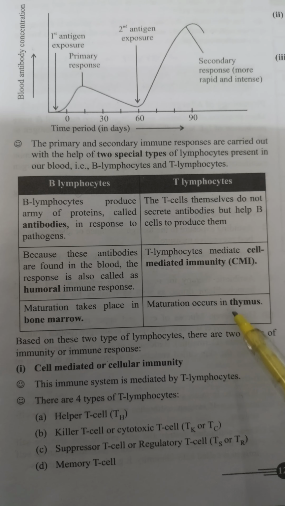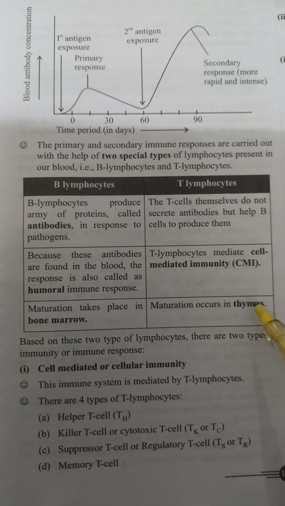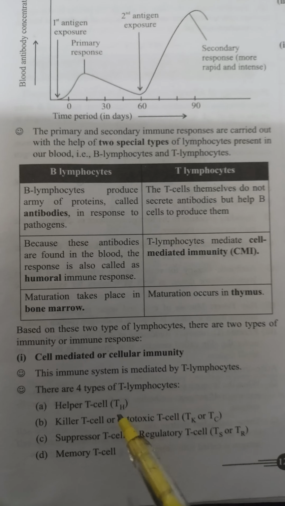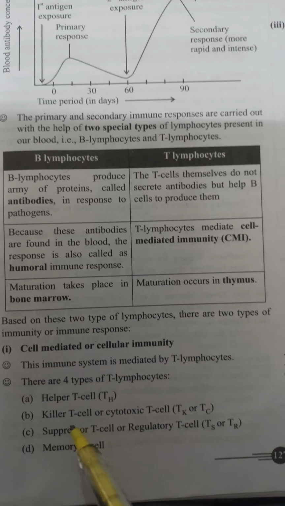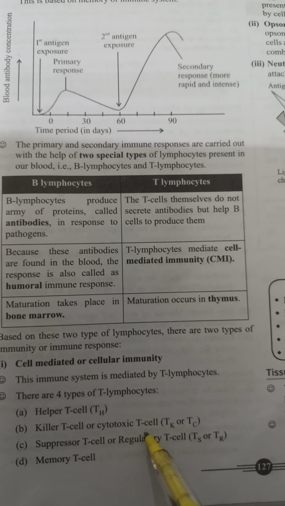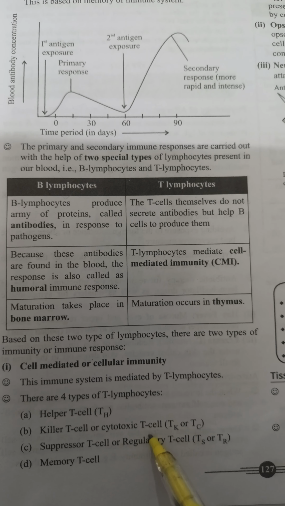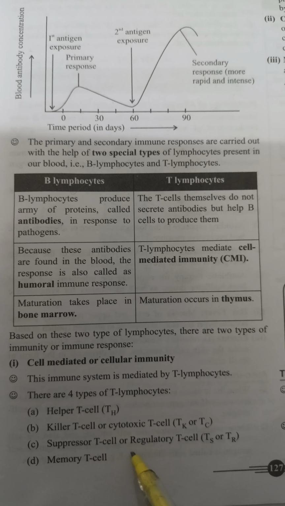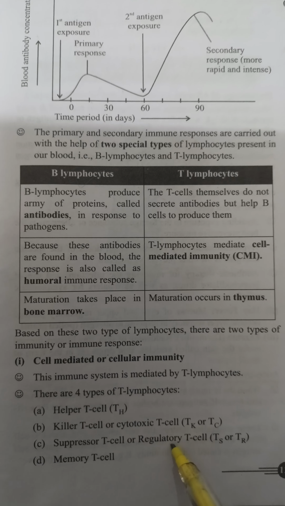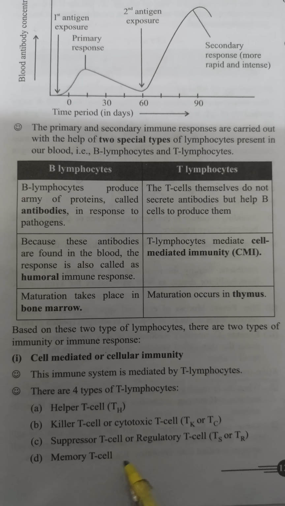T lymphocytes mature in the thymus and help the B lymphocytes. Four types of T lymphocytes are there: helper T cells, Th; killer T cells or cytotoxic T cells, TK or TC; suppressor T cells or regulatory T cells, TS or TR; and memory T cells.